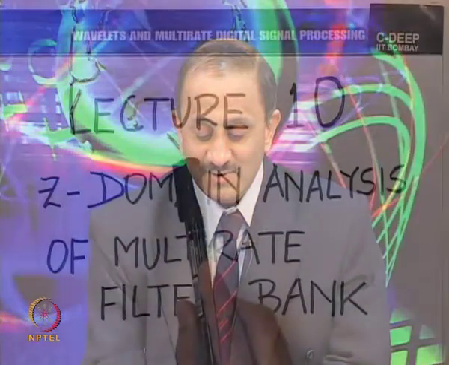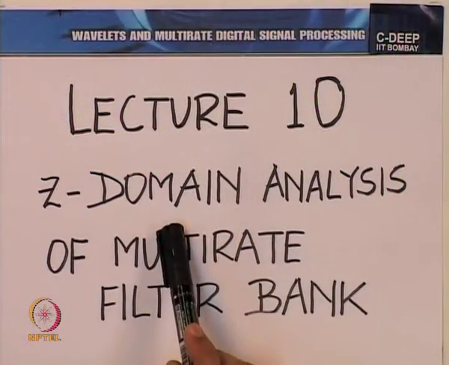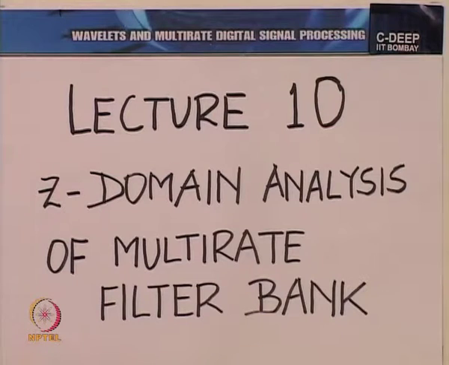Let me put before you the theme of the lecture today. So, today we intend to talk about the Z domain analysis of the multirate filter bank, and to do that we shall begin by considering the basic operations of the multirate system, namely downsampling and upsampling.